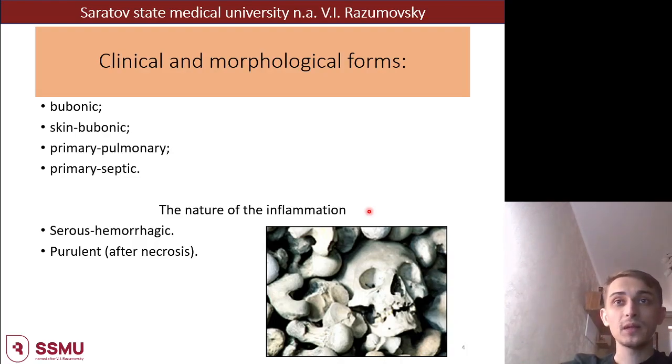The nature of inflammation in plague is serous hemorrhagic, but sometimes we may see formation of purulent inflammation and accumulation of pus in the place of the primary plague complex.